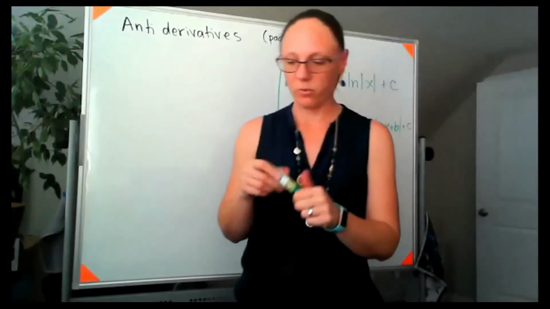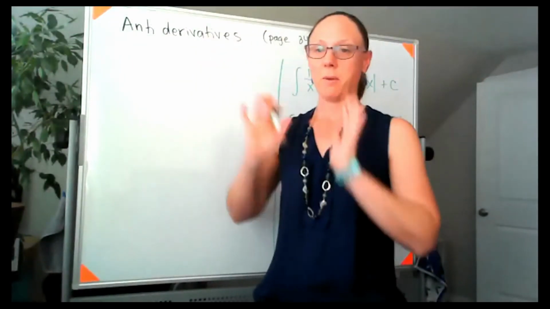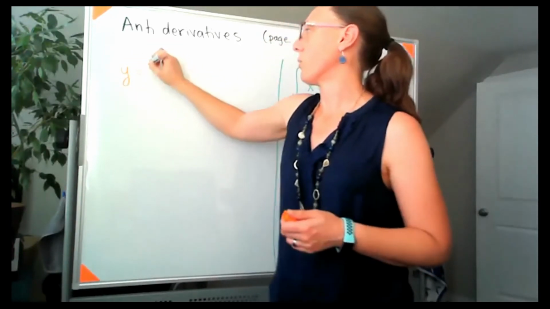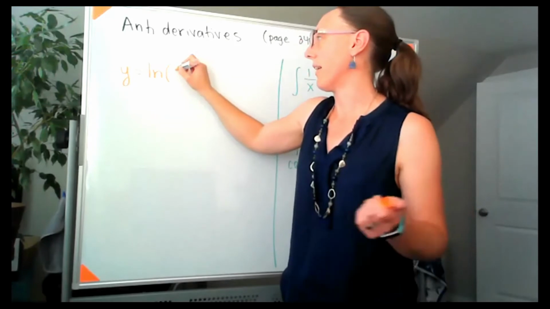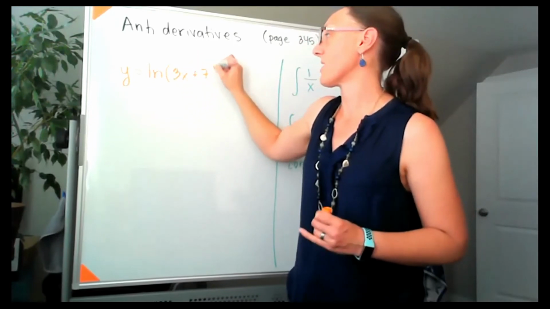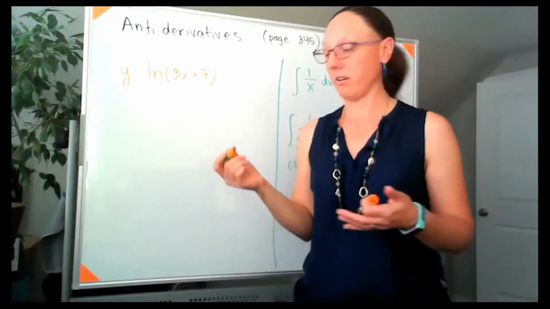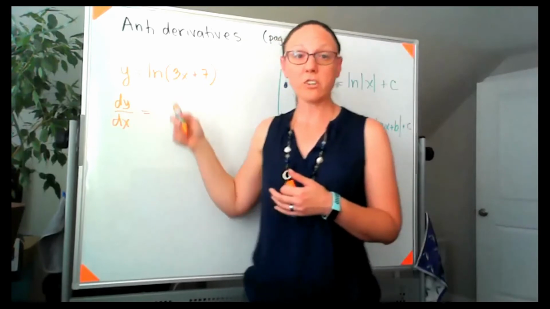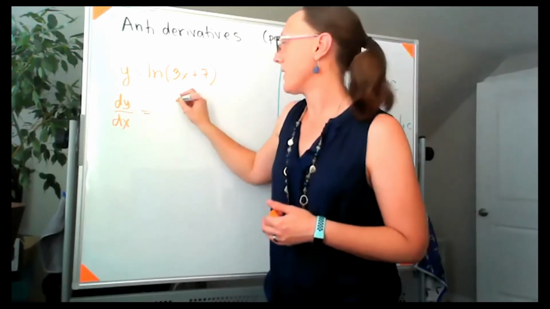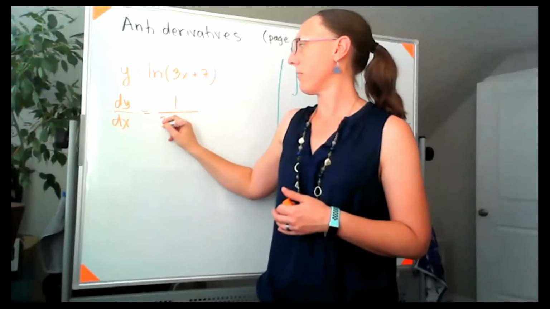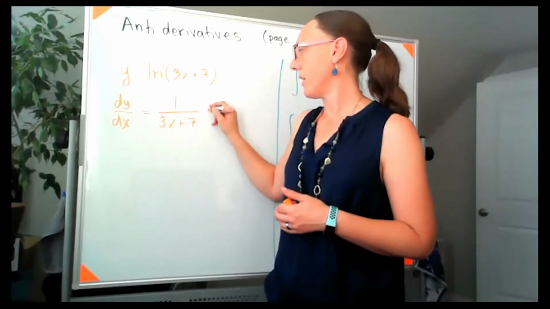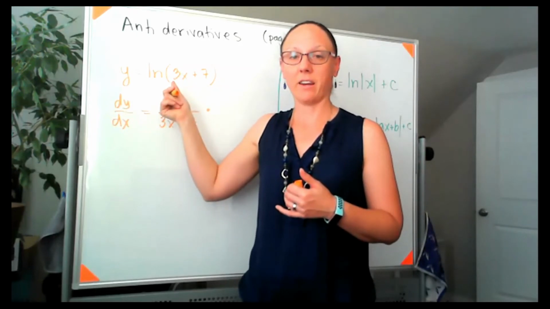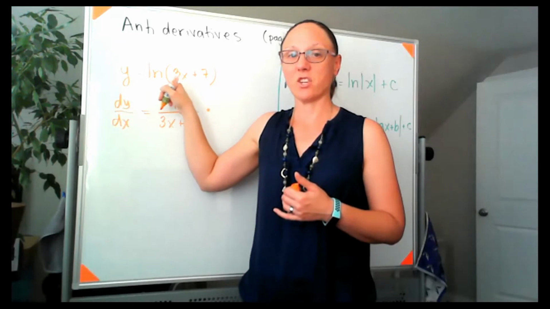And I'm going to do this in reverse first, and then we'll do an integral. I'm going to zoom back to 17a for a second. So if my function was natural log of, how about 3x plus 7, and I had to take the derivative, well, dy dx, derivative of natural log of something is 1 over the something times, chain rule says I have to take the derivative of the inside, and the derivative of the inside in this case is 3.